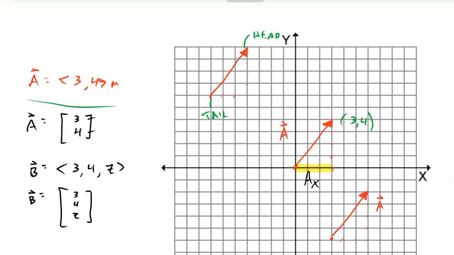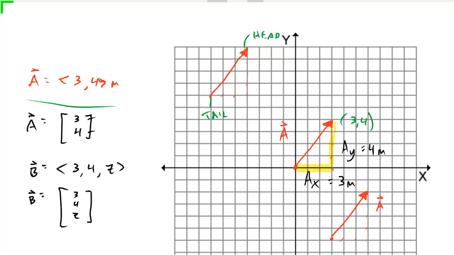We also have it moving in the y. This is ay right here. It's the y component of the motion. Okay, so ax in this case is equal to 3 meters, the distance it moves in x, and ay is equal to 4 meters because it moves 4 meters in y.